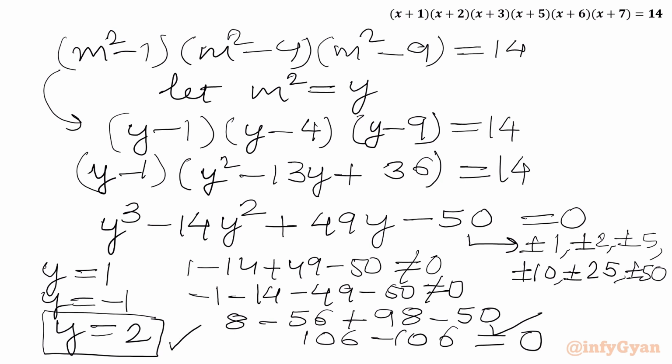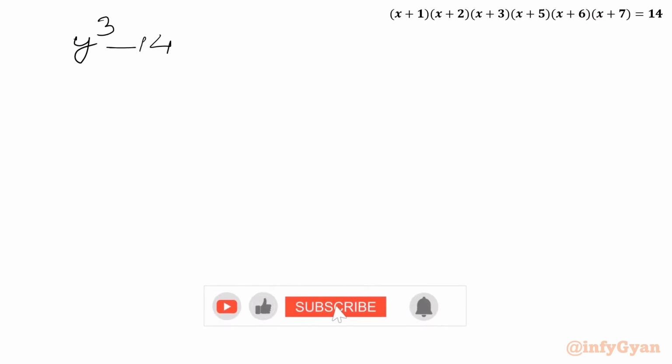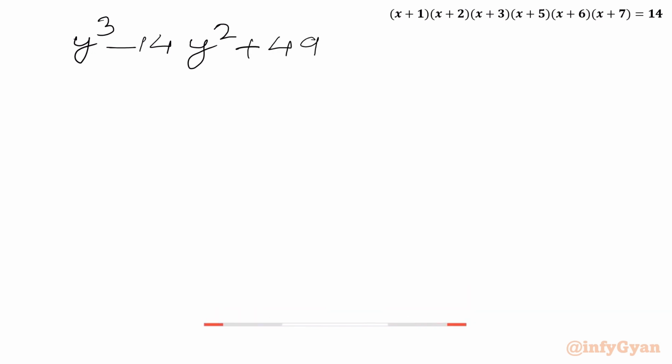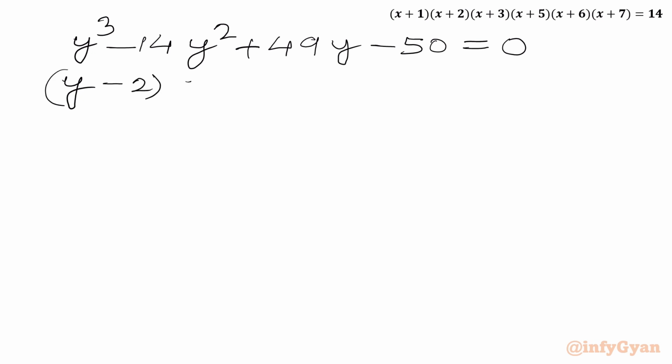Now I will use the remainder theorem. So let me write our equation y³ - 14y² + 49y - 50 = 0. y = 2 is our base solution. So I can write y - 2 is a factor of this cubic equation.